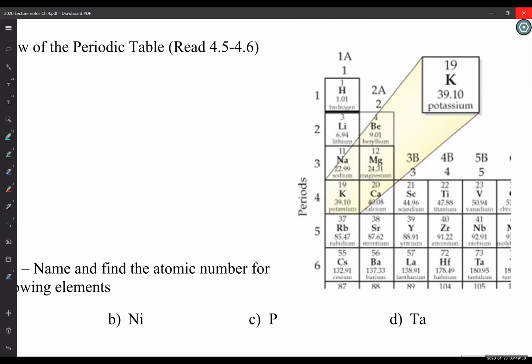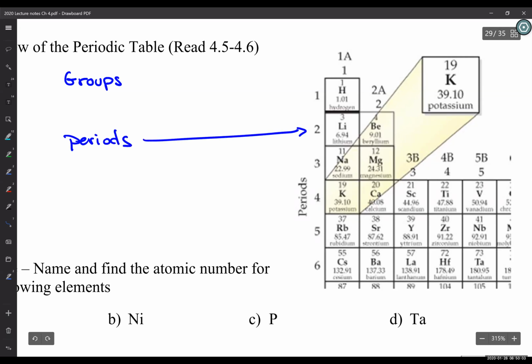We have both groups and periods. Those are the periods. They go from left to right, okay? So a period, if you're not familiar with the word, you could also just say it's a row, okay? But you should learn the term period.